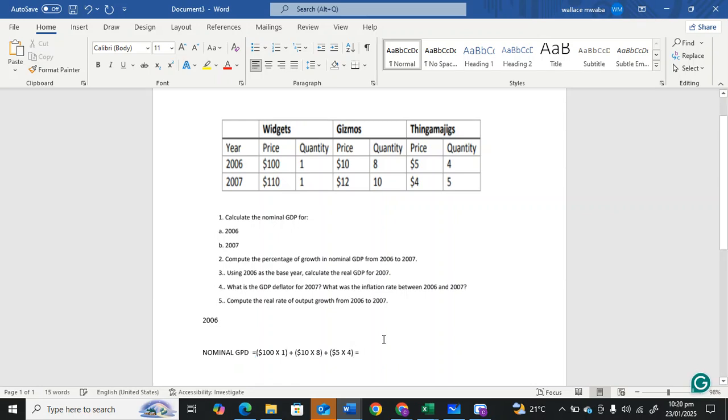So we tabulate: 100 times 1 is 100, plus 10 times 8 is 80, plus 5 times 4 is 20. 100 plus 80 plus 20, we get $200. That is the GDP for 2006. Any questions?